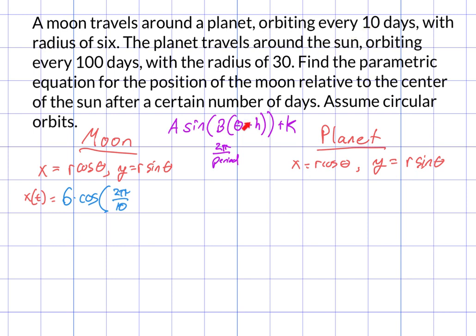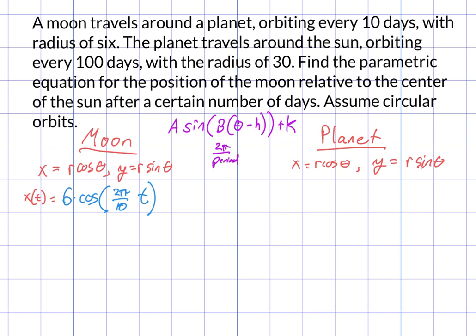All right. We don't have any horizontal shifts. There is no h. Oh, I forgot my general formula up here. Oh, no, theta's in there. Never mind, it is. Okay. And then I need my variable, and my variable in this case is going to be t, end parentheses. And has it told us anything about a shift up or down for k? No, there's not.